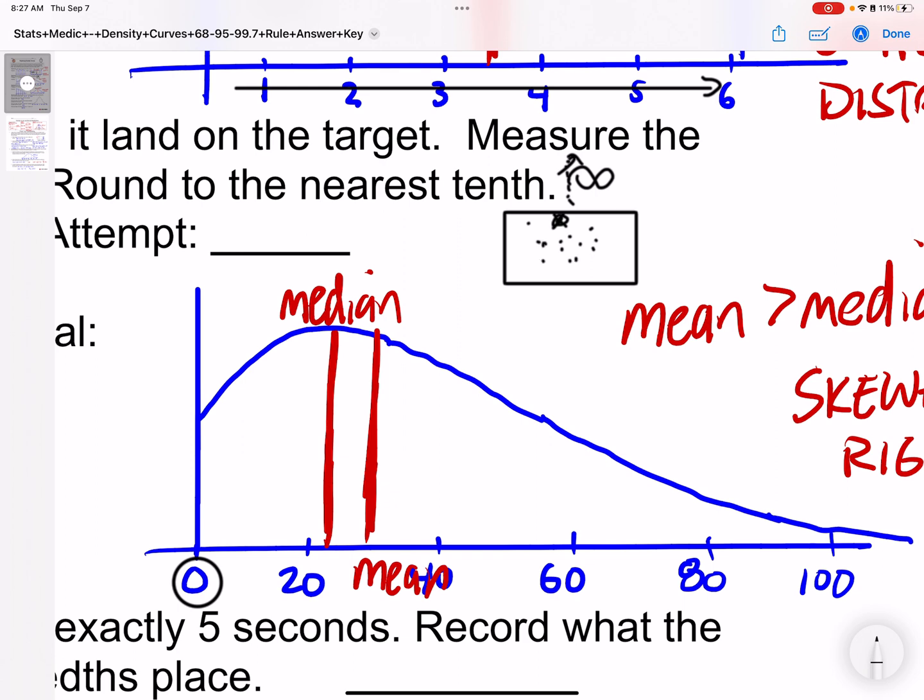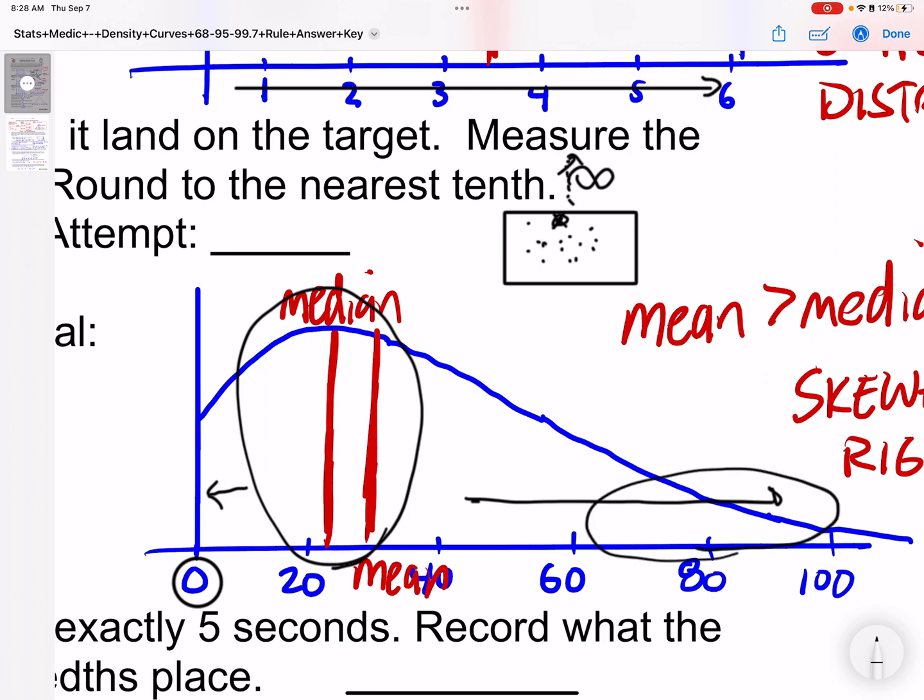That's where most people got. So this is skewed to the right because you really can't go far to the left. Most people were right around 20 centimeters, but you can go far to the right. And so a couple people missed the target by a lot, which is causing it to be skewed to the right.